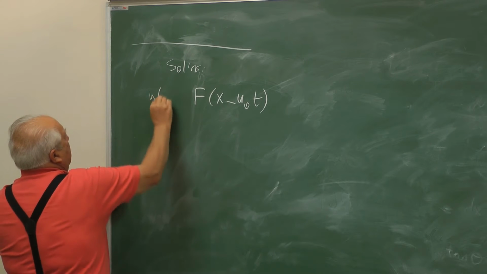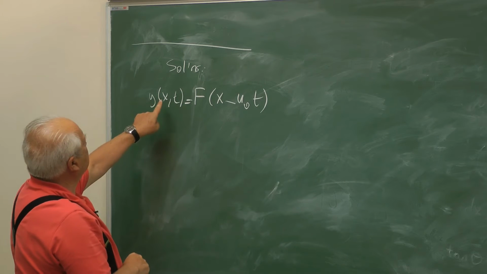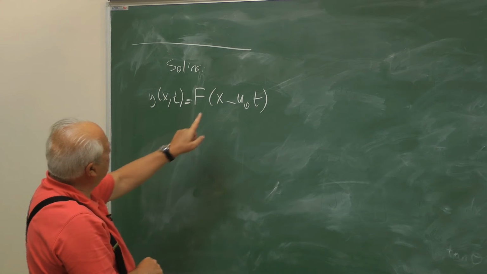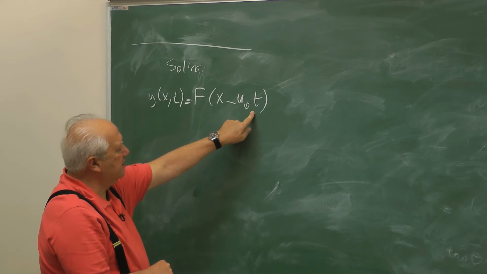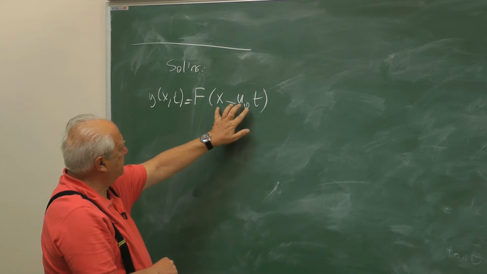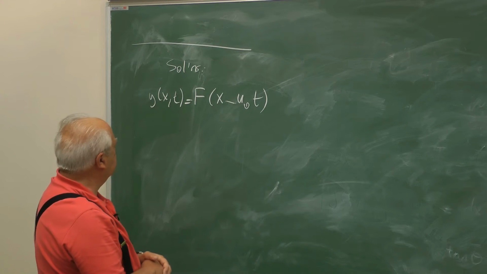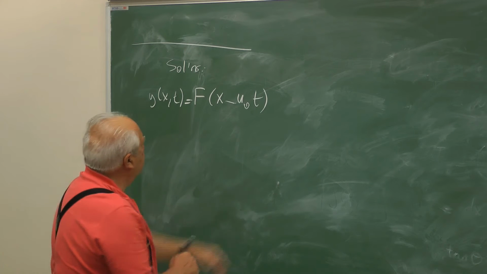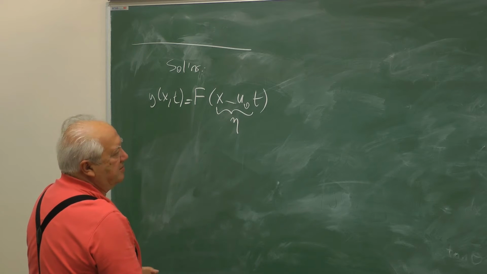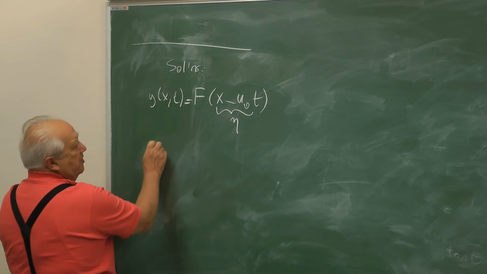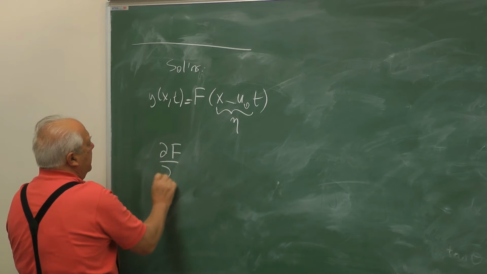So we say y(x,t) equals, here there are two variables, x and t, but this is a particular combination of these variables, x minus u0 t. So it's only one variable, x minus u0 t. So let's call it eta, for example, and let's see how it solves the equation. For example, we need delta f delta x.